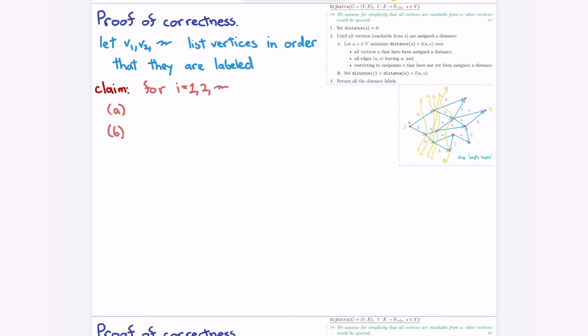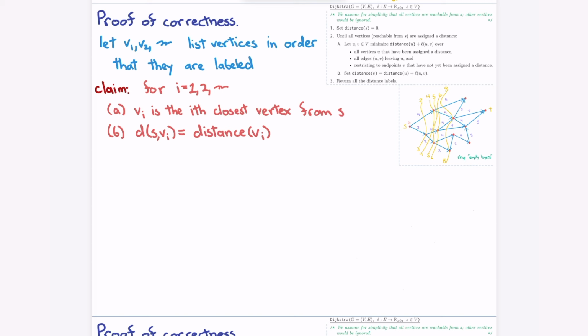Now I want to show that for every i, one, that v_i is the ith closest vertex to S, and two, that I get the right distance for v_i. I want to stress that we're proving both of those things. You can imagine why that might be useful.